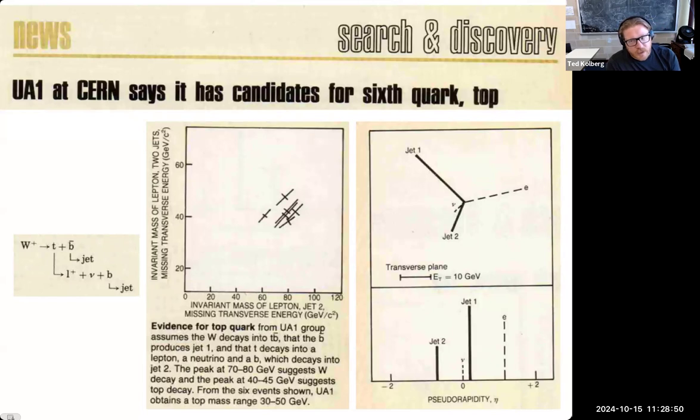So you have to remember that these experiments, while they're achieving the level of technical sophistication in terms of hermetic calorimetry and particle identification capability of a modern experiment, the analysis was a little less well controlled, let's say, than what we're doing now.